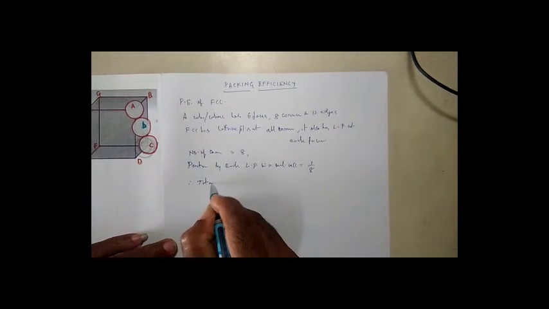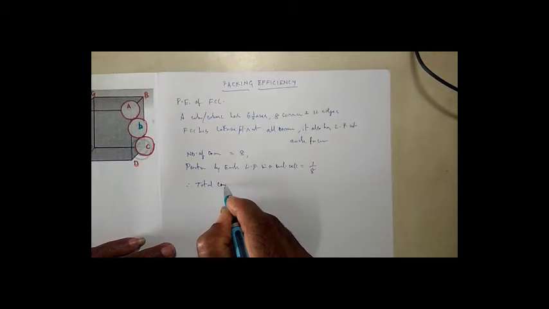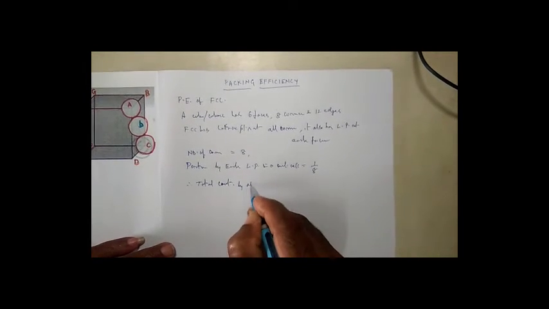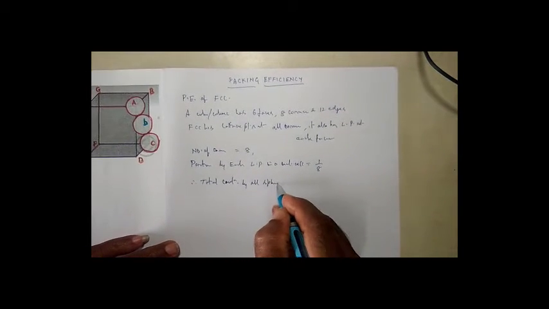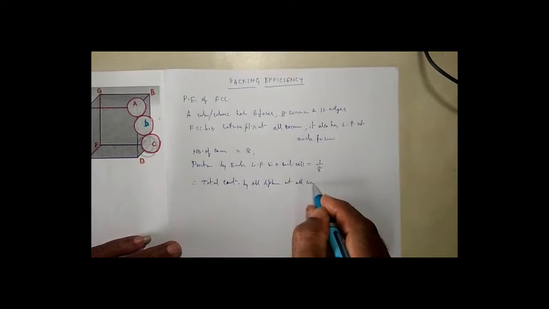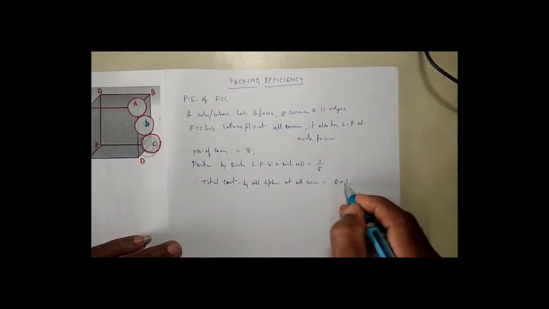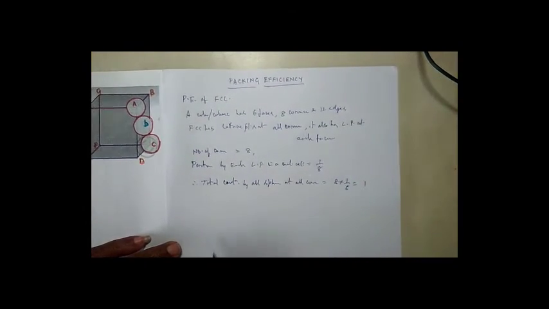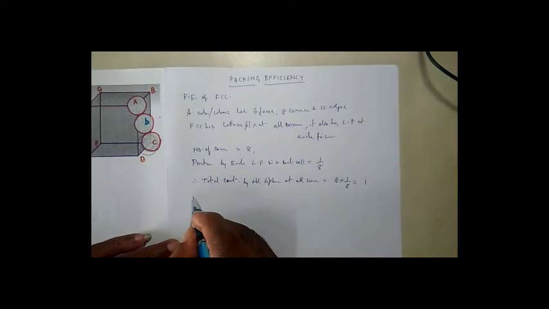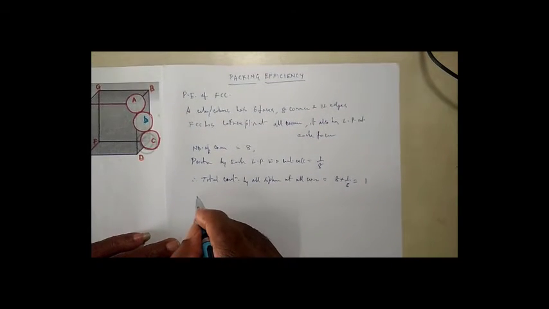Therefore, the total contribution by all spheres at all corners equal to 8 into 1 by 8. This is 1.